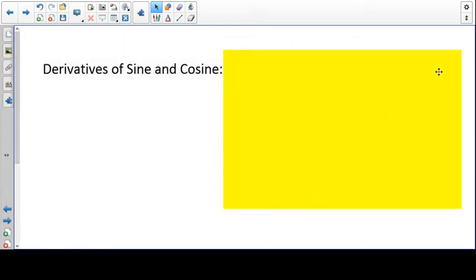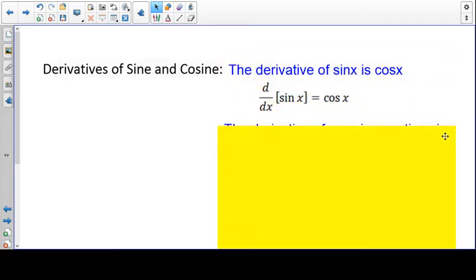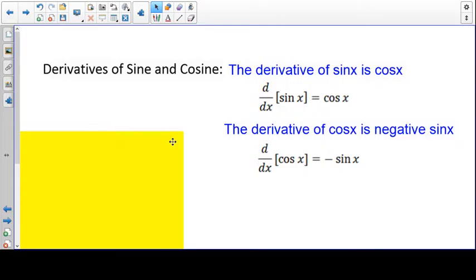Derivative of sine and cosine. I have said over and over again that sine and cosine are the main parts of finding anything to do with calculus. That being said, they also have derivatives, and yes, you'll need to know these derivatives. So the derivative of sine is cosine. The derivative of cosine is negative sine.